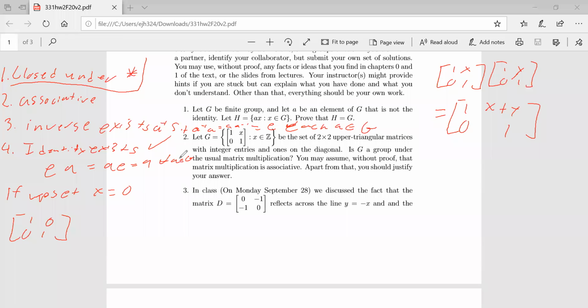Is this associative? Well, he actually said that you can assume it is associative, just because this is a subset of matrix multiplication, which we know is associative. So we don't actually have to bother with that. Check, check, check. And all we have to do is check that an inverse exists. Based off of this, what do we think the inverse is going to be?